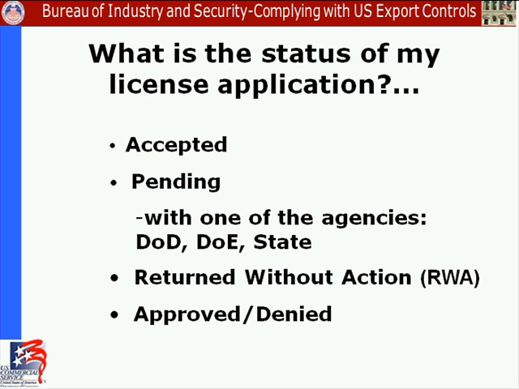And we send the application to all agencies at the same time, so it may be sent from the Commerce Department to the Department of Defense and the Department of State, or just the Department of Energy. But when we submit the application for referral to these other agencies, we send it to each agency at the same time, and that's when the 30 days would start. The clock on the 30 days would start clicking. And usually the agencies do not take the full 30 days. Again, that's 30 calendar days, not 30 working days.